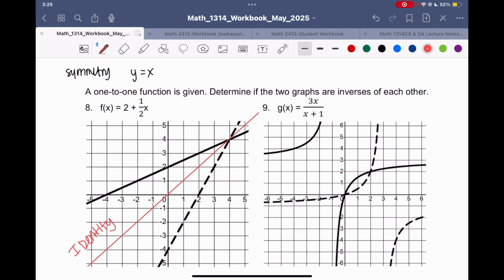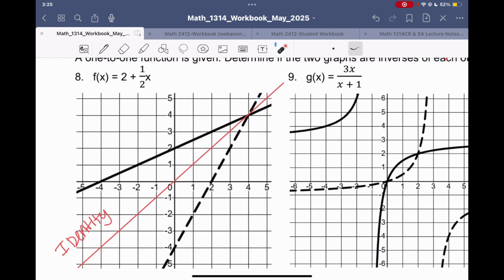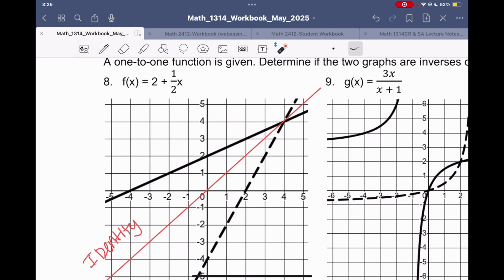Another quick way of doing this is you want to switch domain and range, which means when you have an x, y for the f's, for the inverses, you're going to have a y comma x. Okay. Here's an example of that. When you're looking at this graph a little bit more intentionally, let's say we pick a point on the graph.